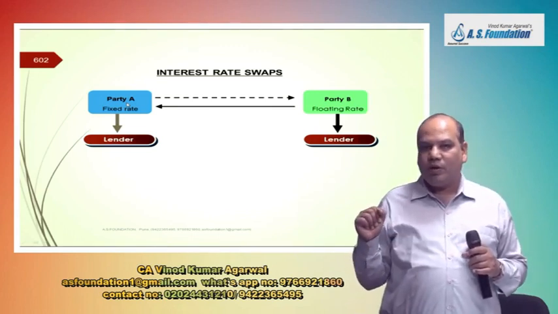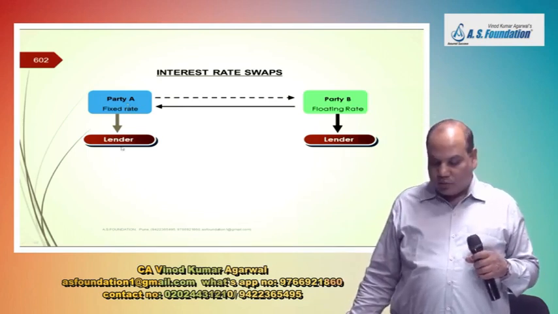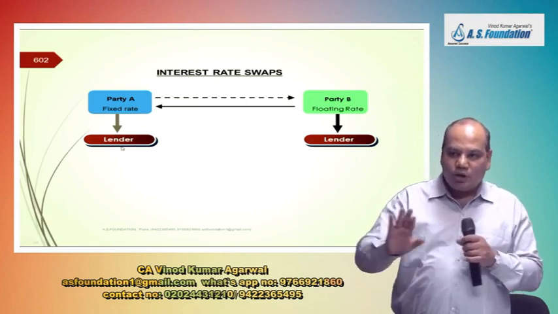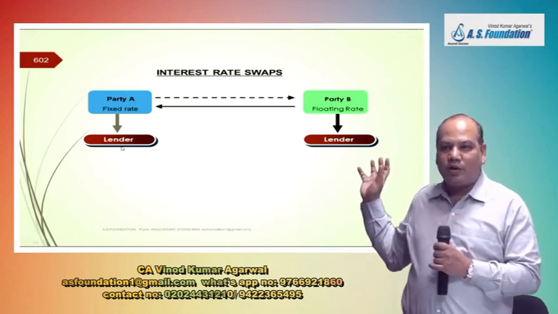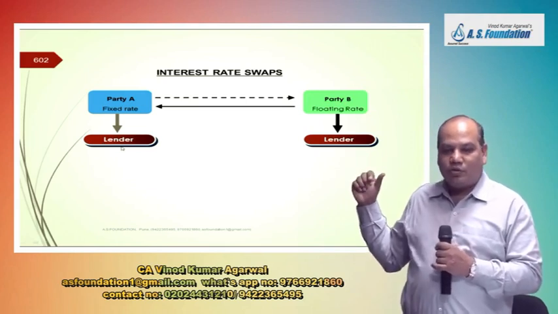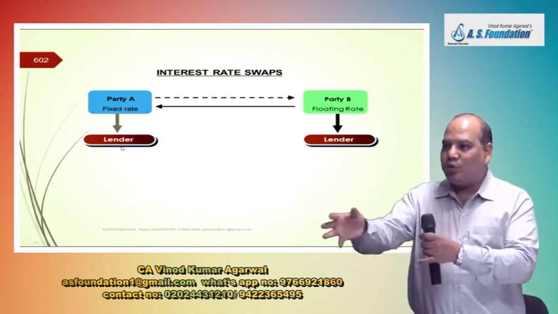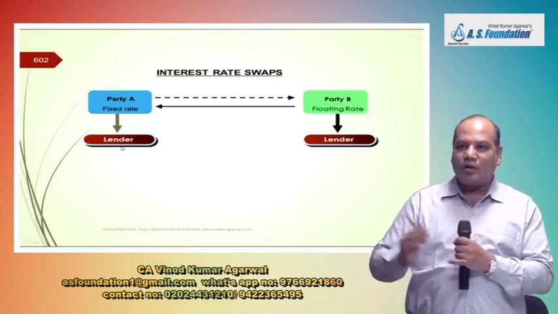Two contracts will be entered here. Both parties will enter into two contracts. One, your original contract with your lender continues as it is, that is not disturbed. So I have taken a loan from Bank of India, example only. So that loan continues. And then I have entered into an interest rate swap also. This is another contract.